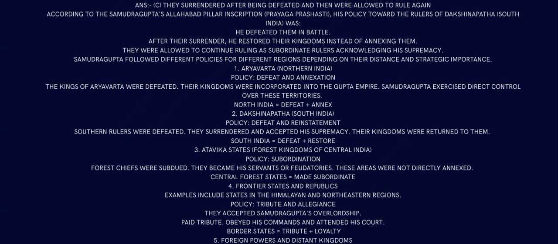Then come the Atavika states, that is the forest kingdoms of central India. The policy is subordination. Forest chiefs were subdued. They became his servants or feudatories. These areas were not directly annexed, but central forest is equal to made subordinate. They can be used whenever he wants. They are under his control. That's the thing.